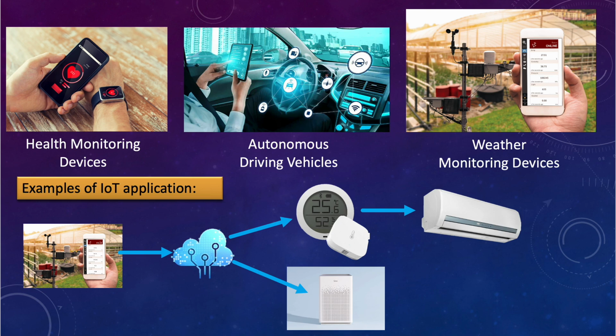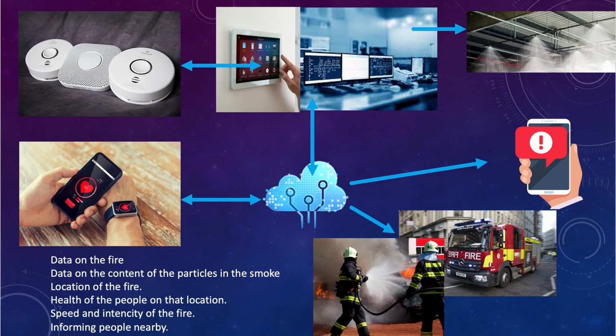Then we talked about the application of those IoT devices. We looked at a single application from one IoT device communicating through the internet to another IoT device to control temperature, right? Then we looked at a single scenario and how IoT devices work together to control it, in this case fire controlling.